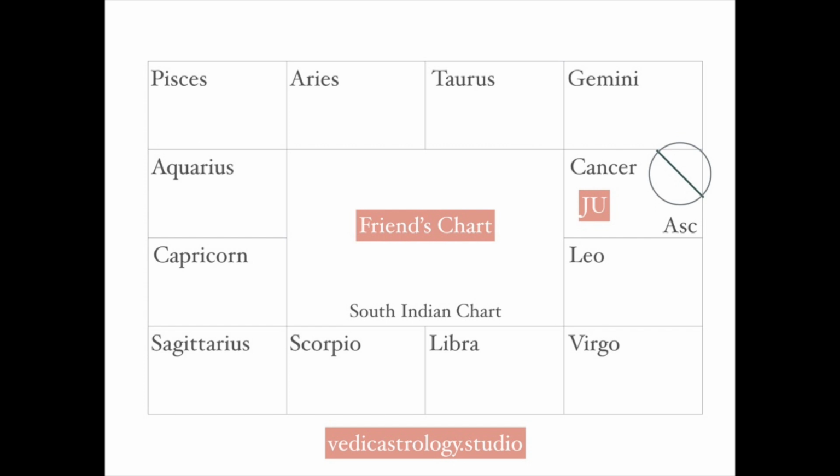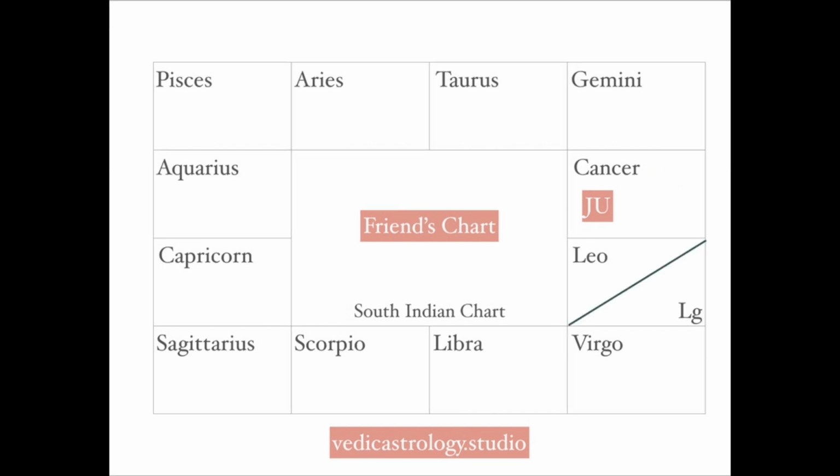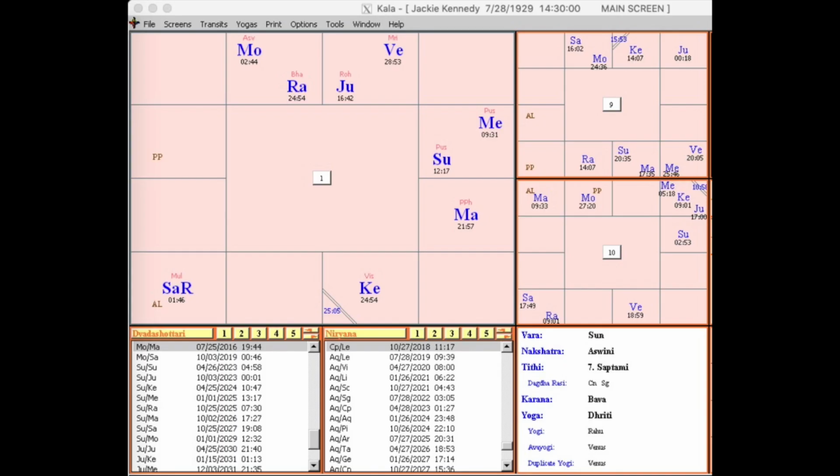This little line means the lagna, which means the ascendant. That's the first house of the chart. Sometimes it'll be a long line like this, or sometimes it'll say LG or AS or ASC. In this chart, there's just a little line.